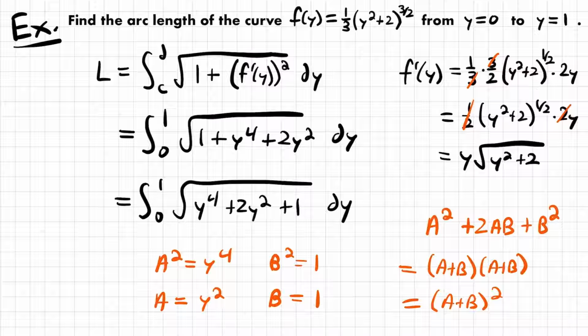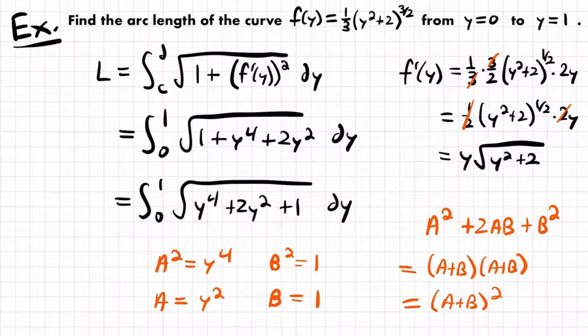And so now, notice that if we let a equal y squared and b equal 1, this is in the form of this right here. a squared is y squared squared, which is y to the fourth power, which is what we have right here. 2 times a times b will be 2 times y squared times 1, and that's what we have right here for our middle term. And then b squared is, of course, 1, which is what we have right here.